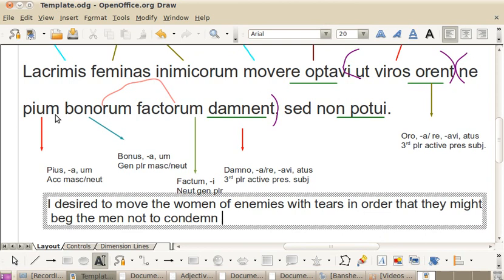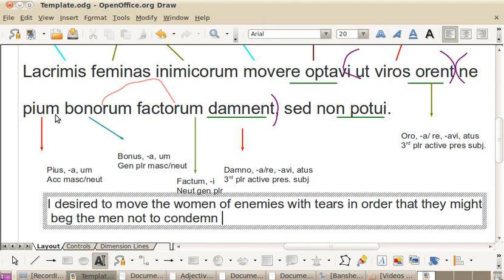If pium is masculine, we assume the pious or honest man. If it's feminine, we assume pious or honest woman. And if it's neuter, we assume pious or honest thing. Now here, we know it's masculine or neuter, and I think it's likely that it's a masculine.